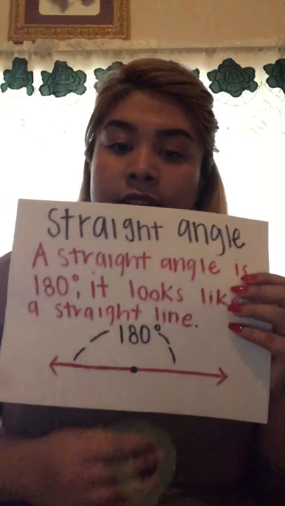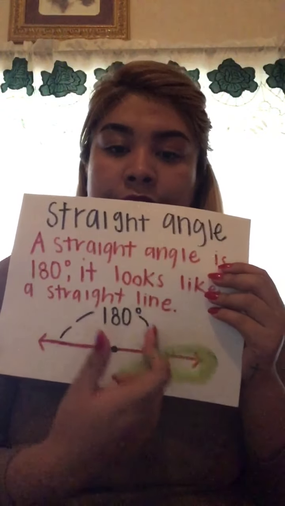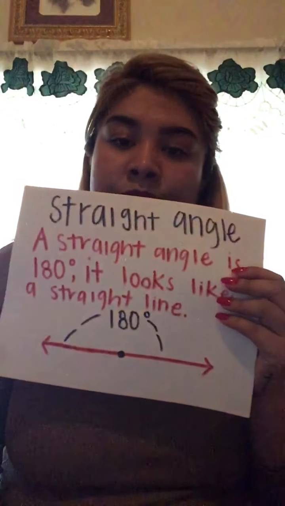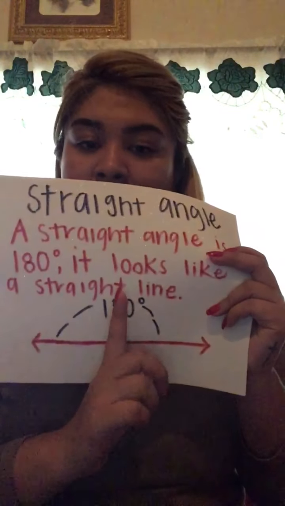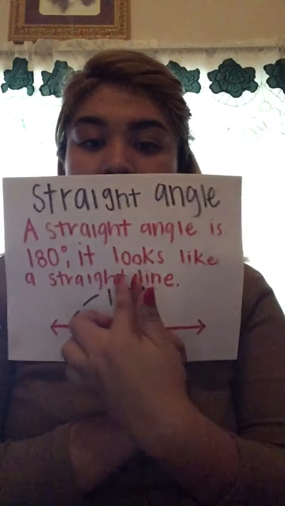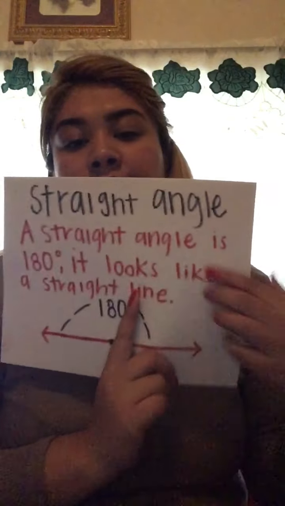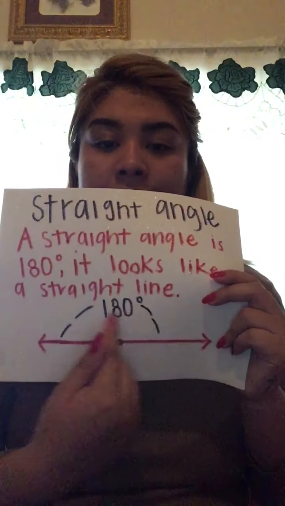Now, the straight angle, here it is. It measures 180 degrees. If it measured 90 degrees, it would be right here in the middle. But since it's a complete line, it measures 180 degrees.